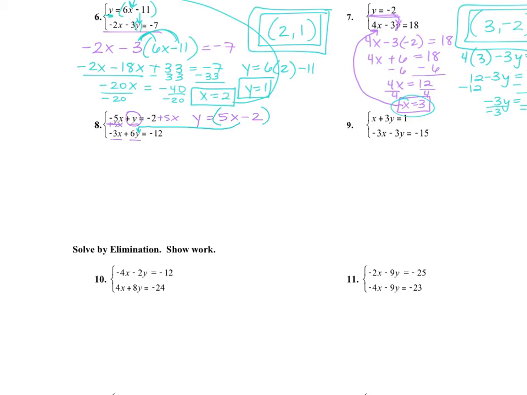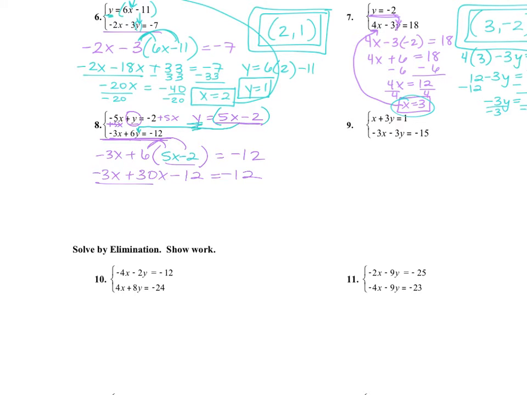So it's going to be -3x plus 6 times y, which we're going to plug in as 5x minus 2 because we know that's what y equals, equals -12. So it's this equation with this substituted. Now we distribute. We get -3x plus 30x minus 12 equals -12.